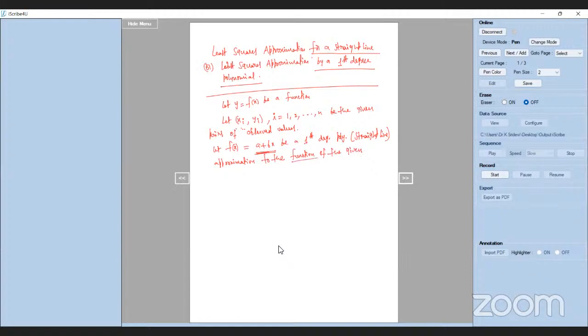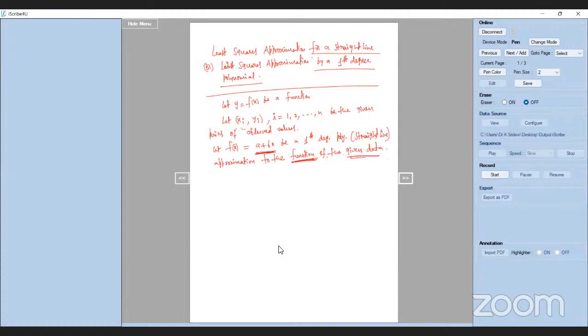So this is the assuming polynomial, a first degree polynomial. This is approximate to the original polynomial which is related to the given data. So we are assuming this.